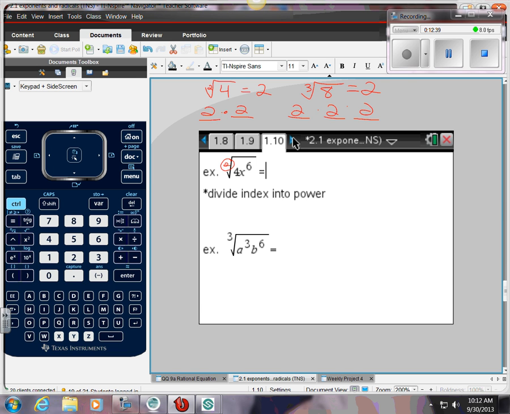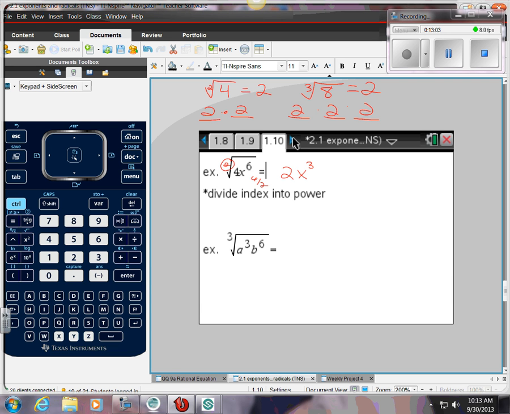What is the square root of 4? 2. Now, to take the square root of x to the 6, here's what you're going to do. Are you ready? Take your index and divide it into your power. What's the power? 6. So what's 6 divided by 2? 3. So the square root of x to the 6 is x cubed.